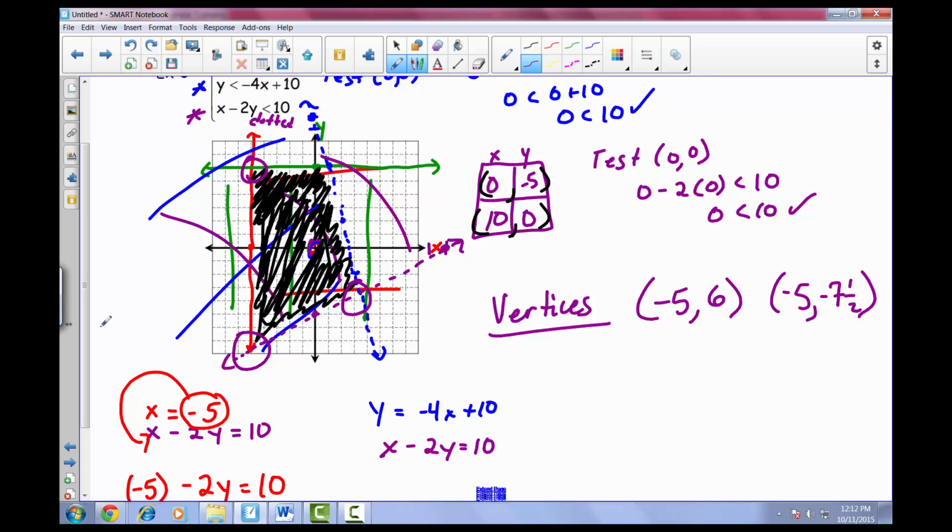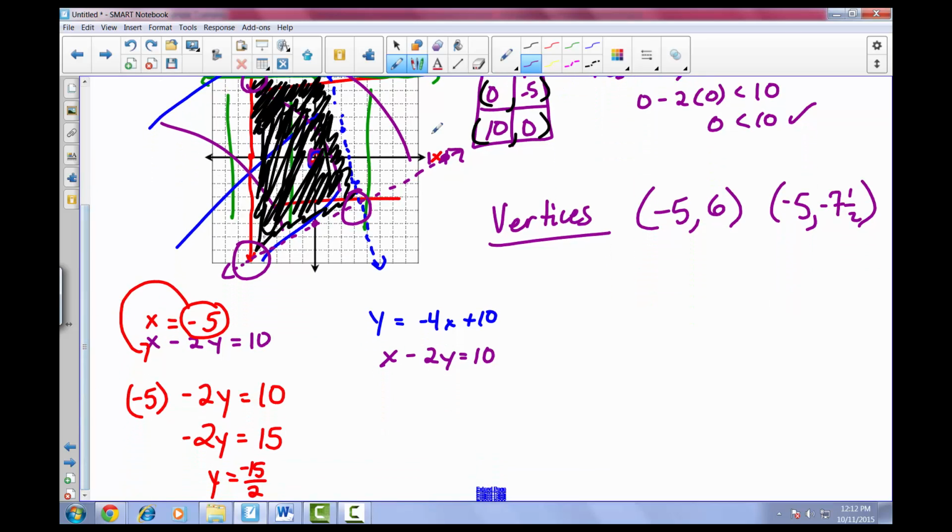Now, we already have one of our variables solved for, and as a result, we can use the substitution method here, throwing this -4x plus 10, which we know is equal to y, into the y of the other equation. We then end up with x minus 2 times (-4x plus 10) is equal to 10.